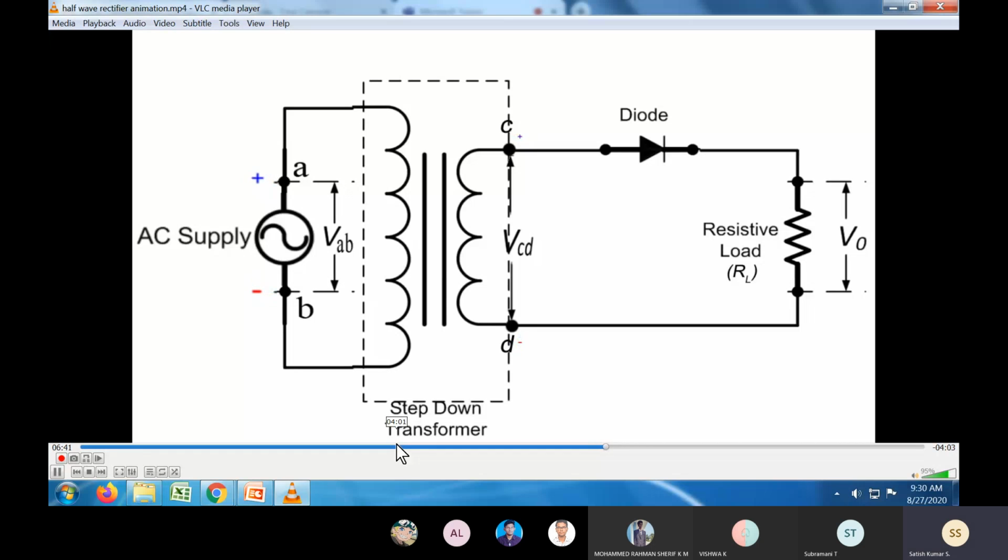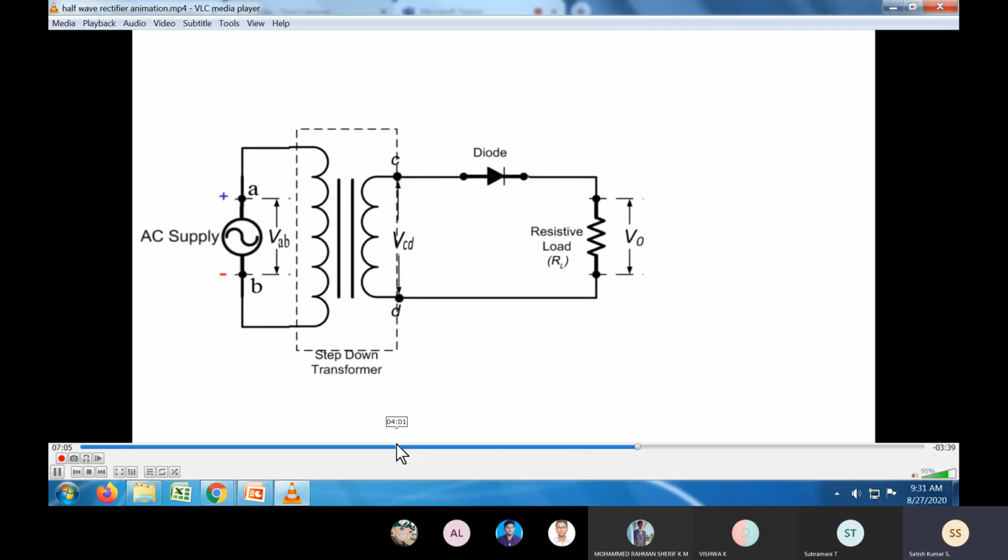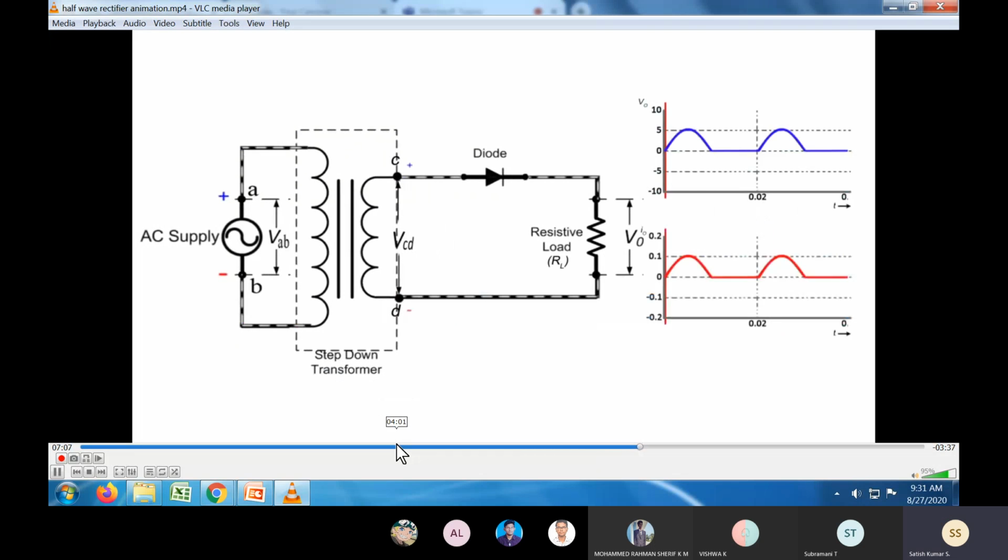During the positive half cycle, terminal C becomes positive and terminal D is negative. Under this condition, the diode is forward biased, which we can see here. The anode is at higher potential with respect to the cathode. As a result, the diode behaves like a closed switch. We have already discussed it.